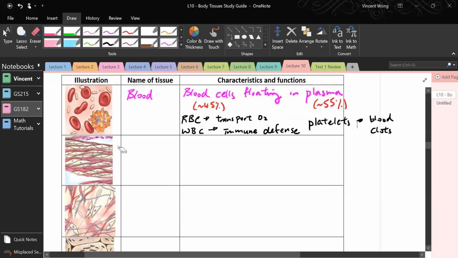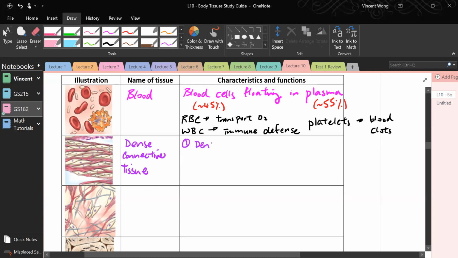And the next one. Here, they are very, very packed together, so we call them dense connective tissue. We have two types.